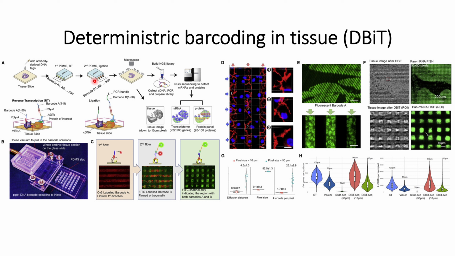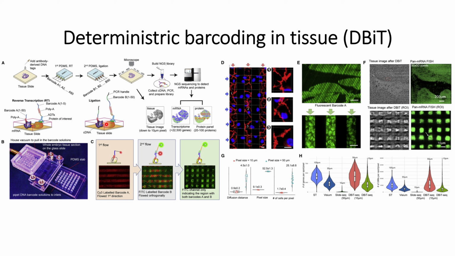Combining both cases, we can now identify the XY positions of the cells based on the two barcodes that are present, that is barcodes A1 A2 and barcodes B1 B2. So this is the first step, and this is the second step.